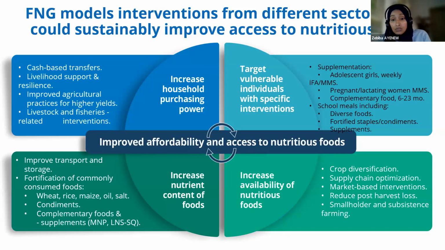Going to the right quadrant, where we look at interventions that target vulnerable individuals, such as supplementation with iron folic acid for adolescent girls, pregnant or breastfeeding women, or where we look at the impact of complementary foods for infants between 6 to 23 months of age.